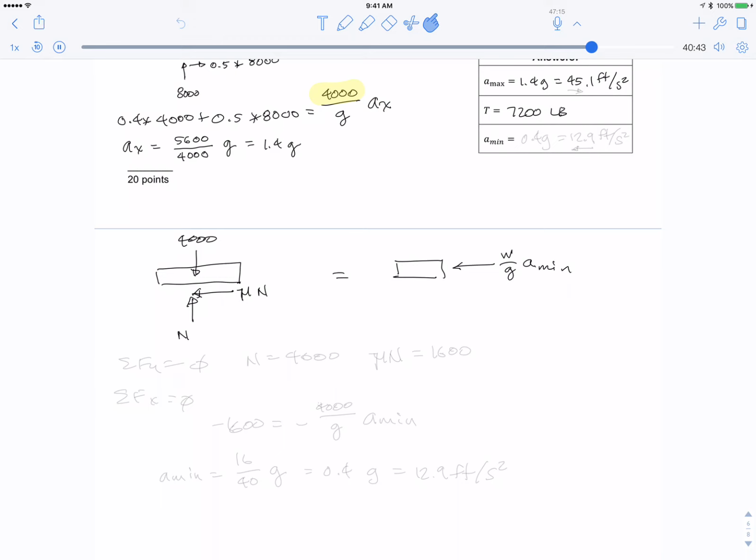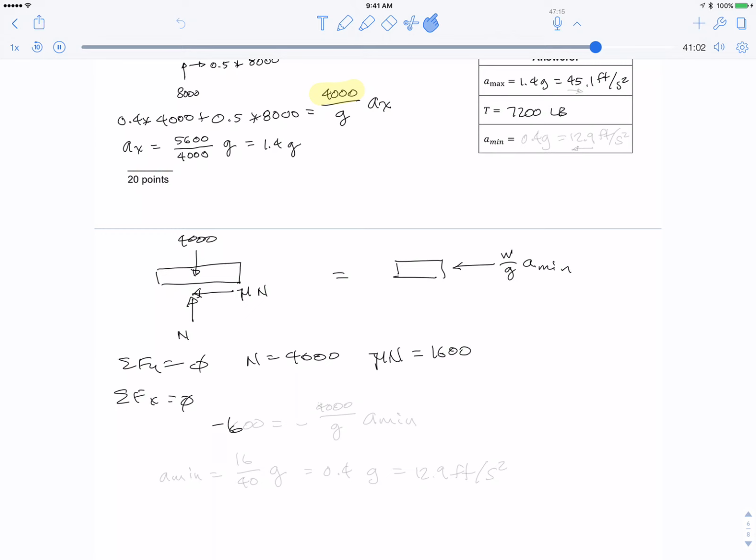And so sum Fy is 0 because there's no y acceleration. N is 4,000. Mu times N was 1,600. And so sum Fx equals 0.